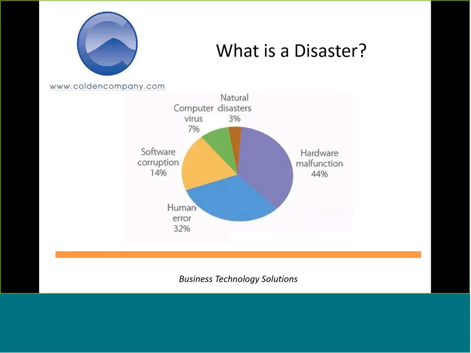This is a study that is about 2 years old. So what we really want to concentrate on is the big chunk of the loss, human error and hardware malfunction, as well as the software corruption, that's where you really want to concentrate your efforts. But we absolutely have to take into account viruses as well.